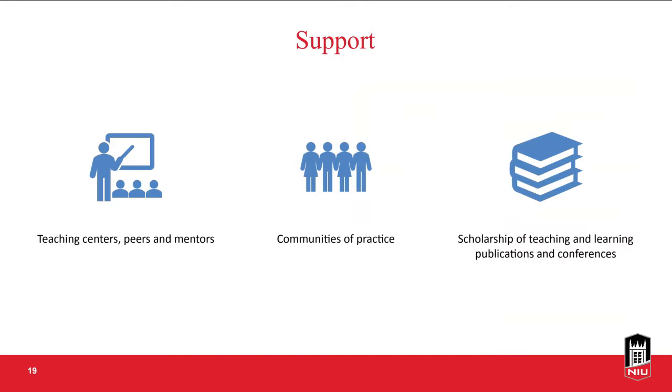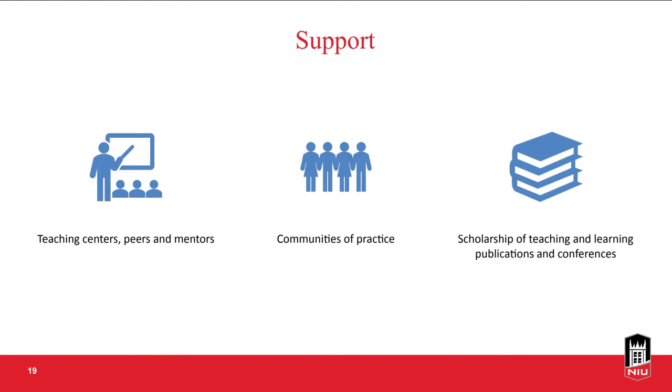And then support, that's another important aspect of the 5 factors of this book. And we have lots of support available. The Center for Innovative Teaching and Learning is available for you, and peers can be available to support you. Mentors, maybe there's some mentors in your field, in your department.